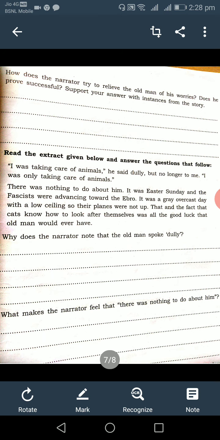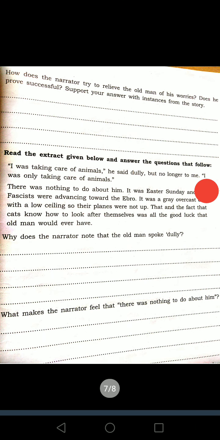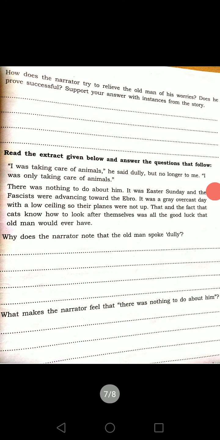What makes the narrator feel that there was nothing to do about him? The narrator tries to engage him in a conversation and inquires if he had left the dove cage unlocked. He again assures him that the animals would be fine. And then he becomes his friend.